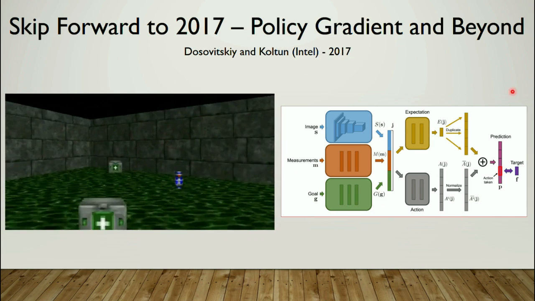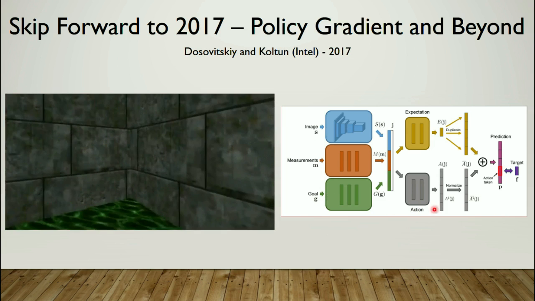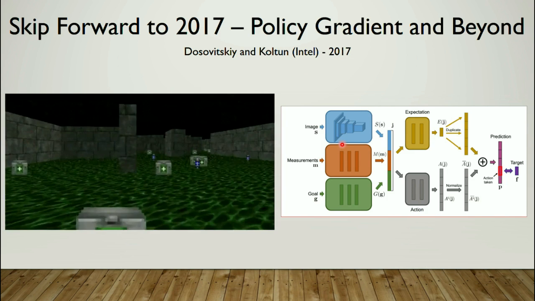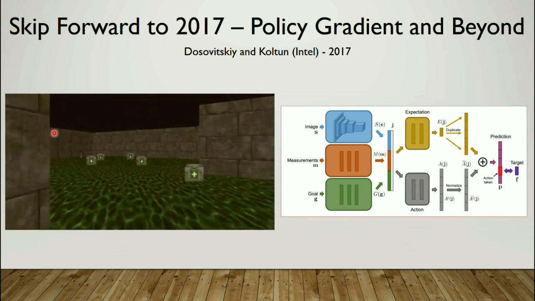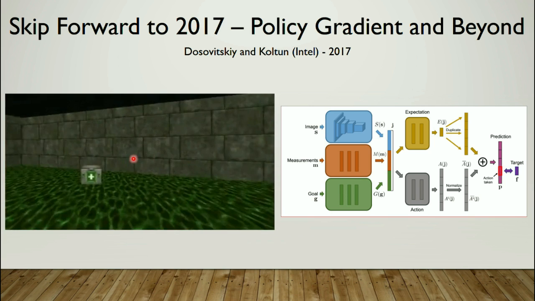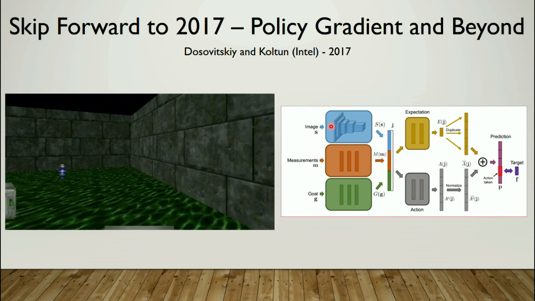They use a different model. It's not really a deep Q network anymore, and I will not go into details here about what they do exactly. What's interesting is that they use a 3D environment. So this is a big change from before. The input is still an image, as you can see here.